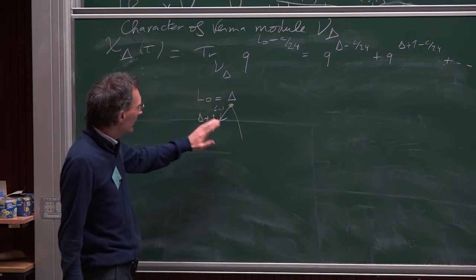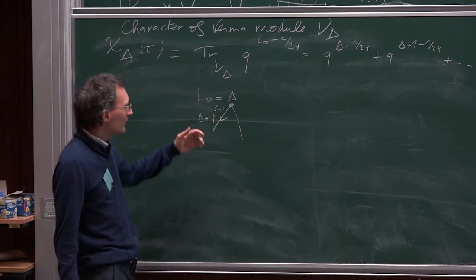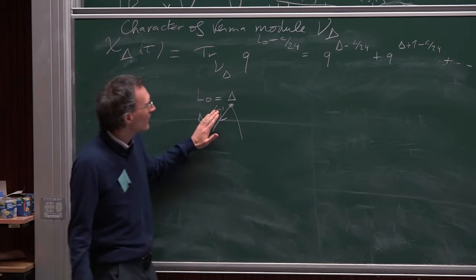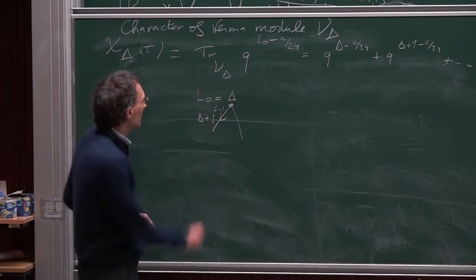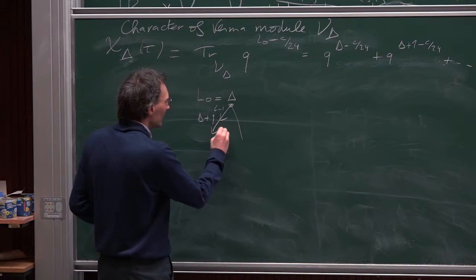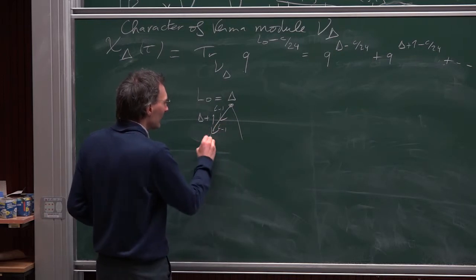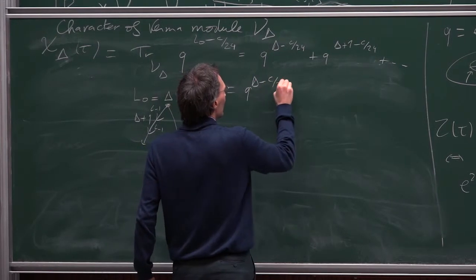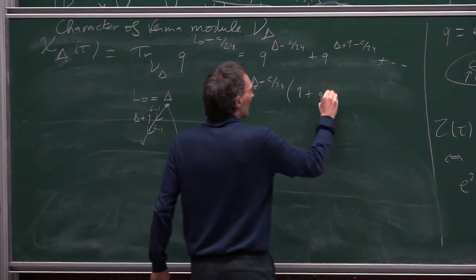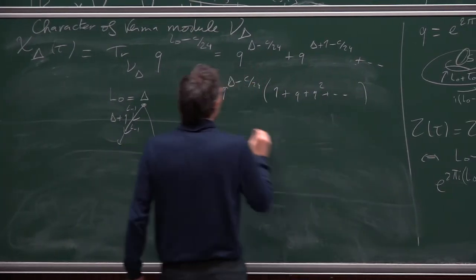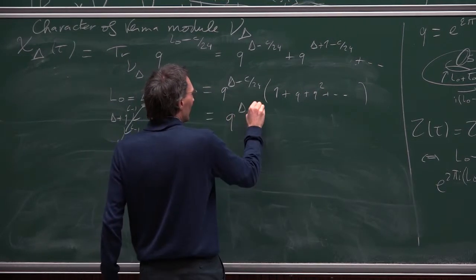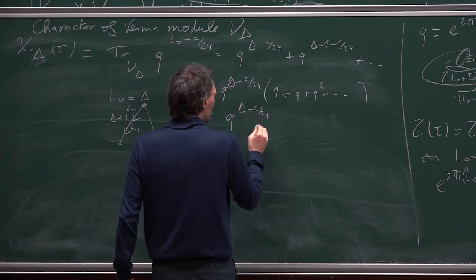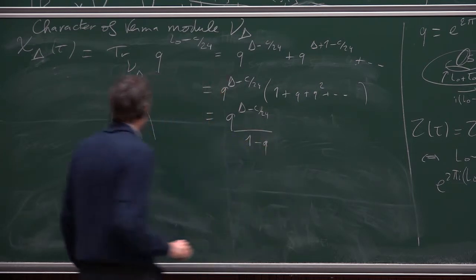So, assuming for the moment that my Virasoro algebra had just this creation mode, L minus 1, I could just get one state at each level by acting each time with L minus 1. So I would get a prefactor q to the delta minus c over 24, and I would get 1 plus q plus q squared, etc. So that would be q to the delta minus c over 24 over 1 minus q.